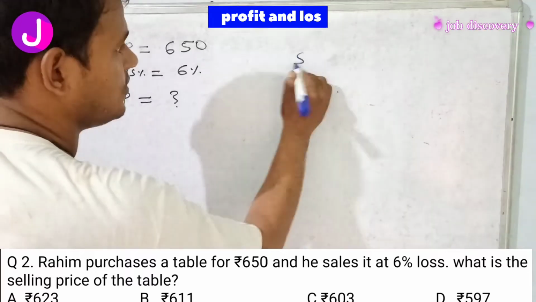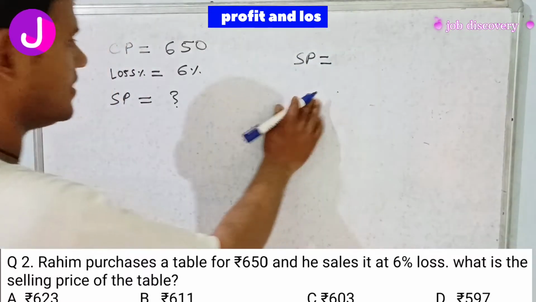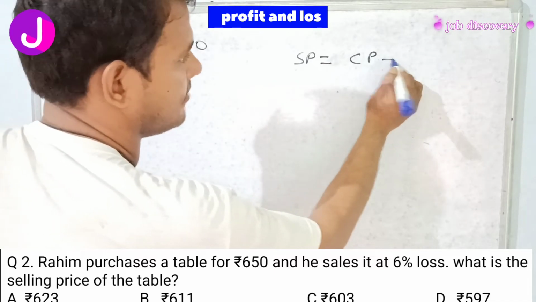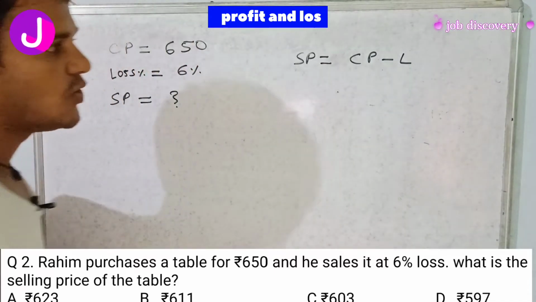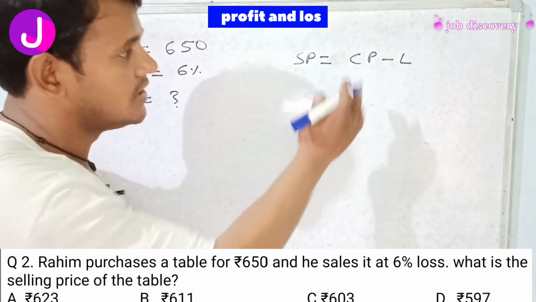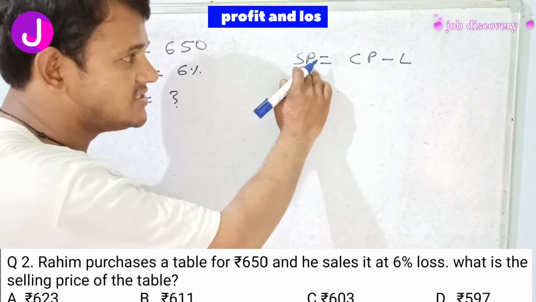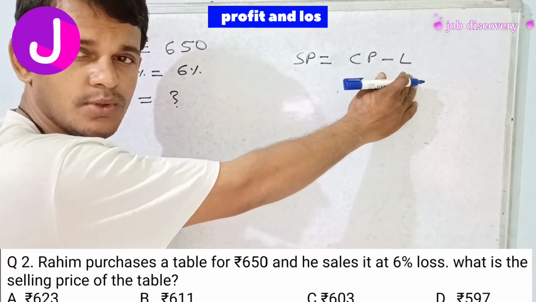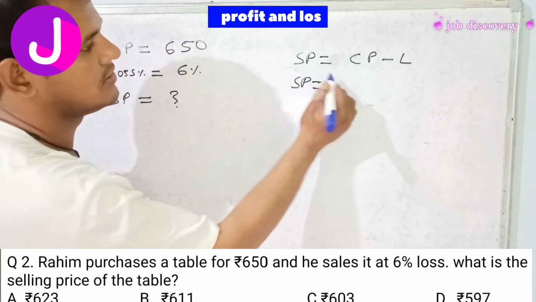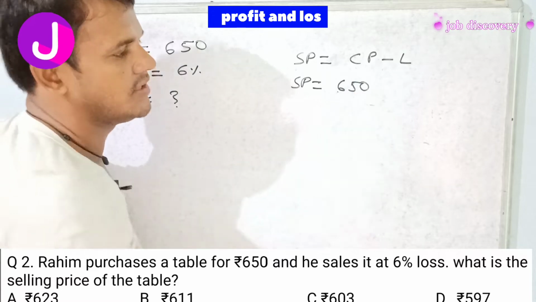Selling price, we know, in case of loss is cost price minus loss. In case of profit it will be cost price plus profit, but in case of loss, SP is equal to CP minus loss, right? So SP is equal to cost price 650.